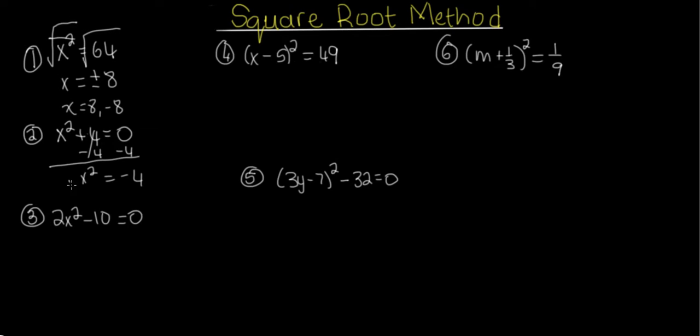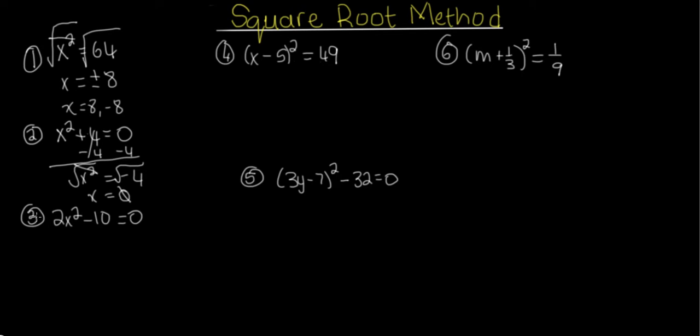Now the x squared is by itself, I can go ahead and take the square root, so I finally have my x. What is the square root of negative 4? That is actually not a real number. It's what we call an imaginary number, which we don't cover in this course, but it is covered in my master course. So when you run into taking the square root of a negative, you are going to say it's an empty set or no solution, because there's no square root of negative 4 that is real.